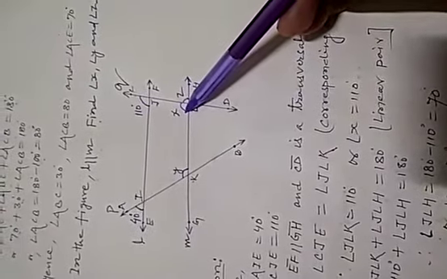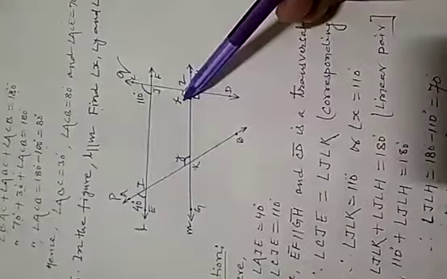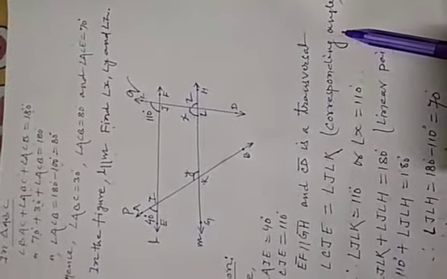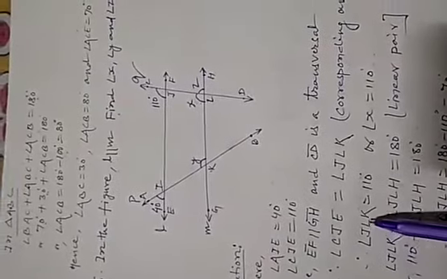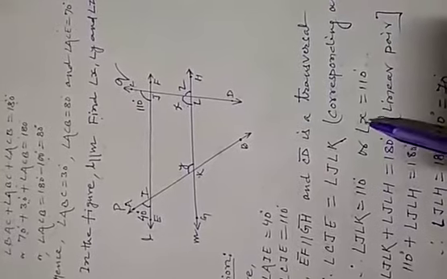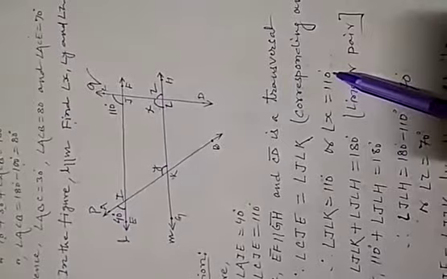This angle is equal this angle. X is equal 110 degree. Corresponding angle. Hence, JLK is equal 110 degree or angle X is equal 110 degree.